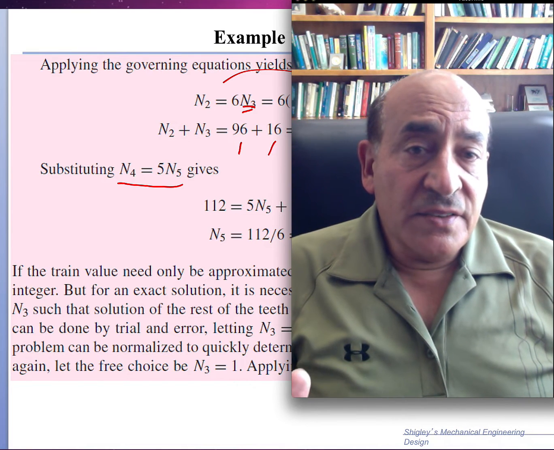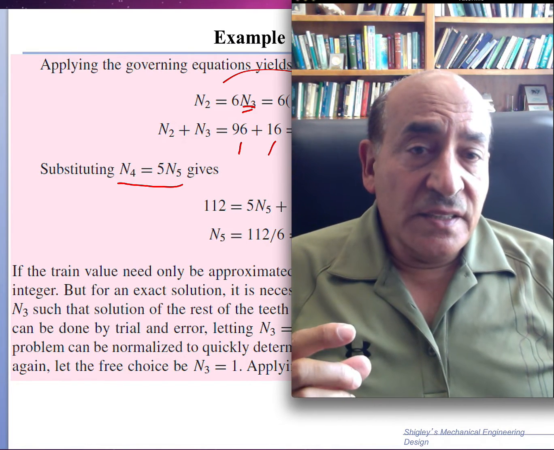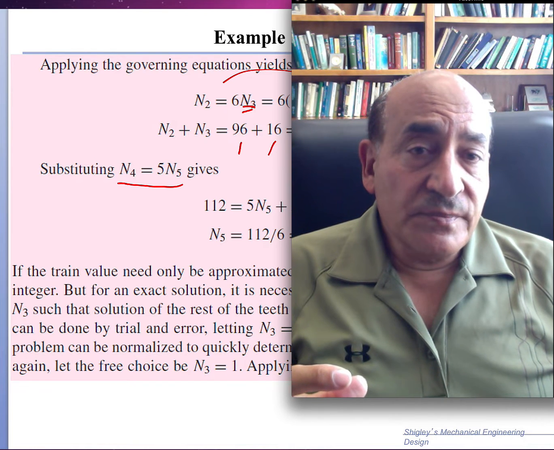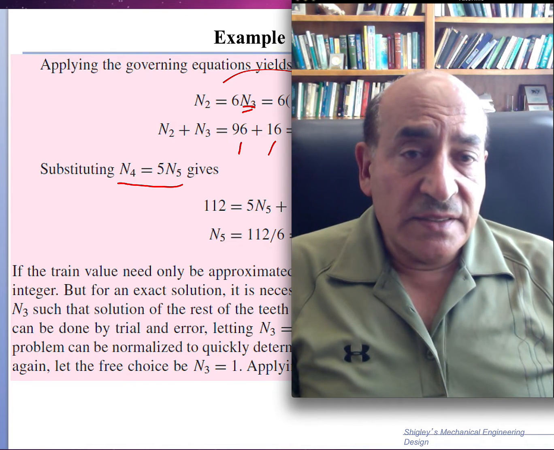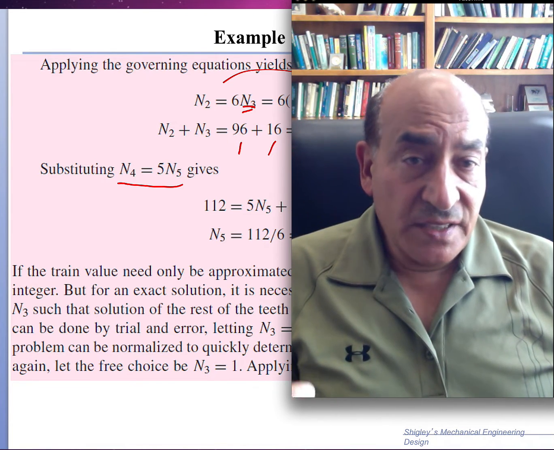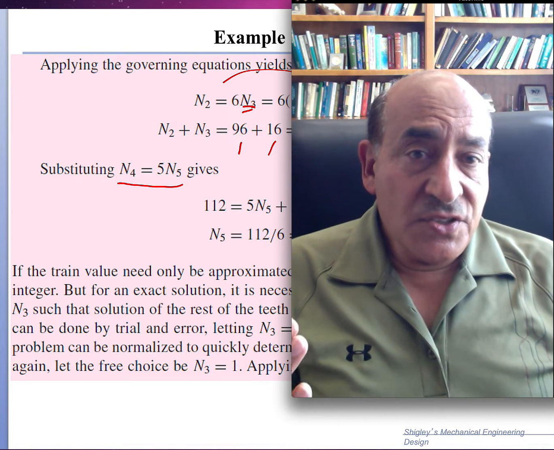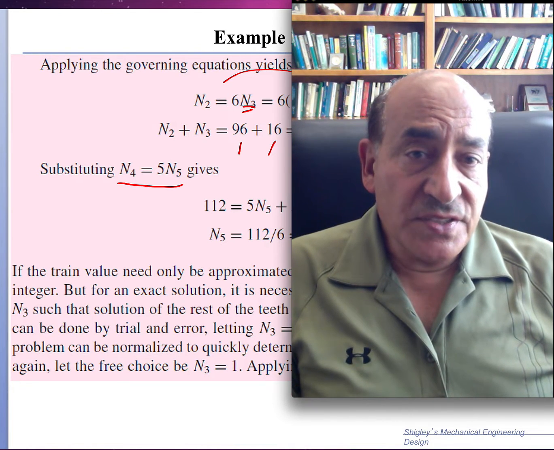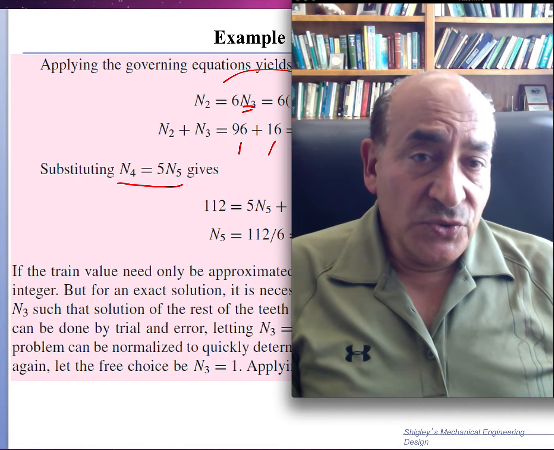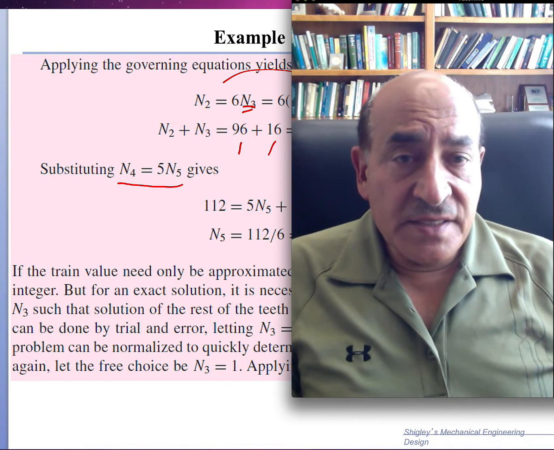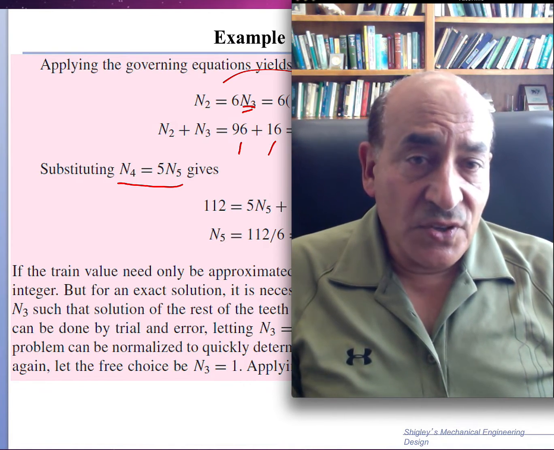We know that the number of teeth N3 has a minimum of 16 from interference, but it could be larger than 16. So we could go back and change this to 17 and redo all of the calculations, then 18, redo all the calculations, and so on.